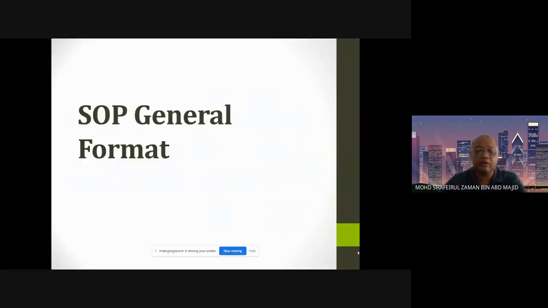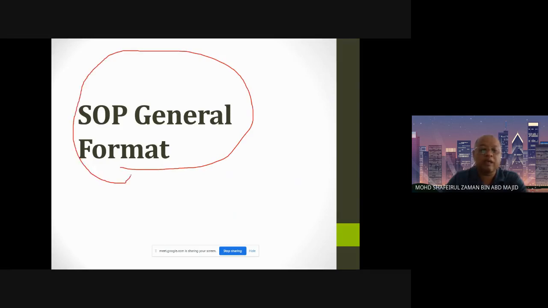So this is going to be the general format of SOP. You're going to look at the general format of SOP because, please bear in mind, when you start working later on, the company will have its own template for standard operating procedure. Different companies will have different templates.